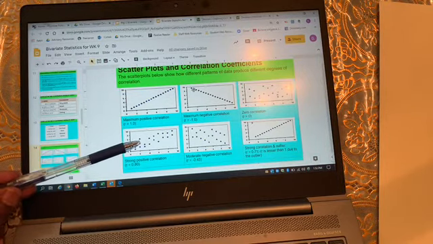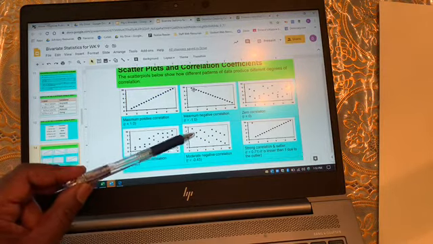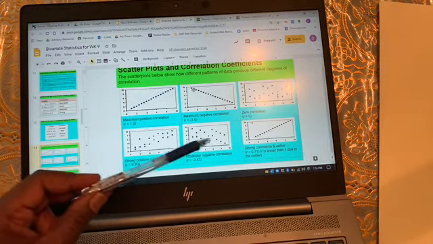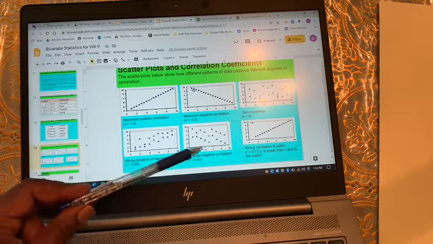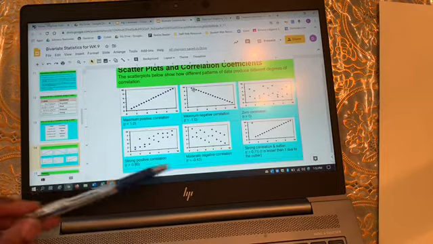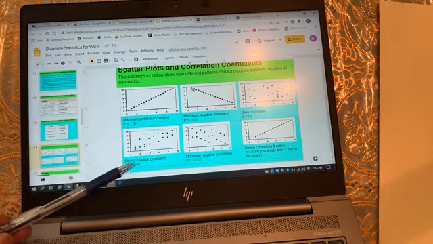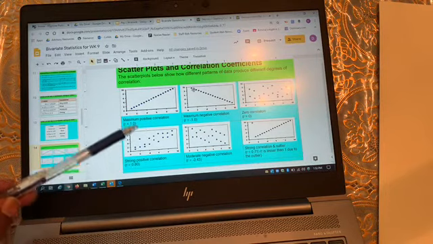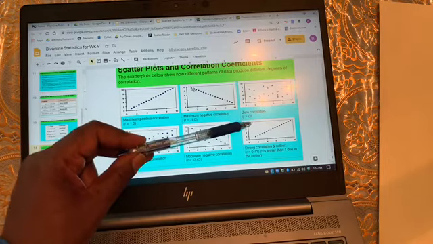This scatter plot is a moderate negative 0.43. If you see, the trend is in the negative way, with a negative slope. So negative 0.43 is a moderate one. And this one is strong, but instead of being closer to 1 like 0.8 or 1, it is 0.71. This happens because of the outlier.